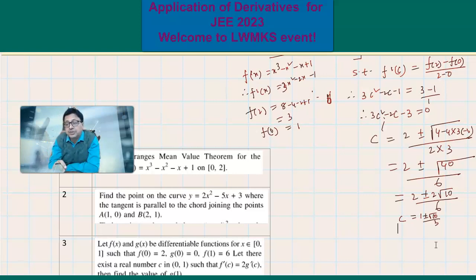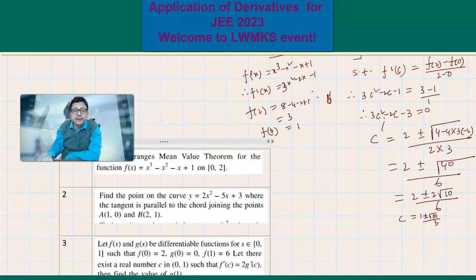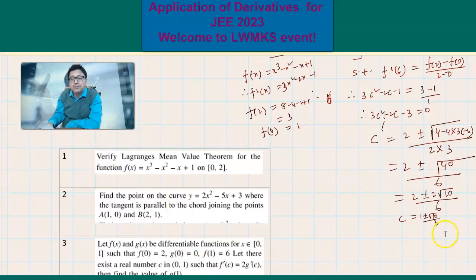That divided by 3 is 1 point something, which will lie in this interval 0, 2. And what about the minus sign? No, because 1 minus root 10 is a negative quantity, that is not belonging. So you will write this way: since c equal to 1 plus root 10 by 3 belongs to the interval 0, 2, so LMVT is verified.